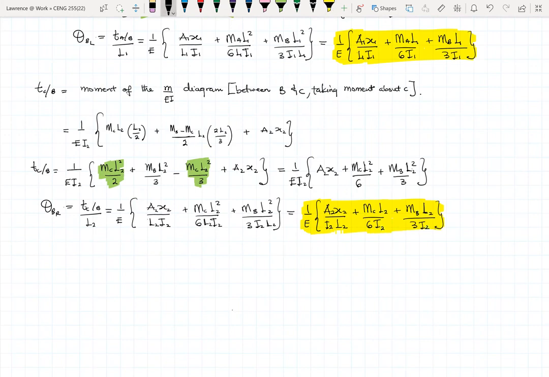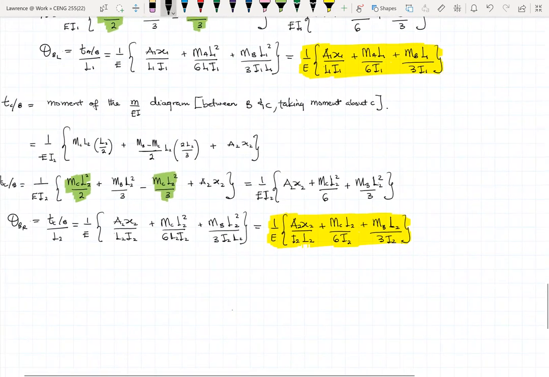So this is equation 1, and this is equation 2. Okay, so we sum them up. That's the idea. We sum up equation 1 and equation 2.